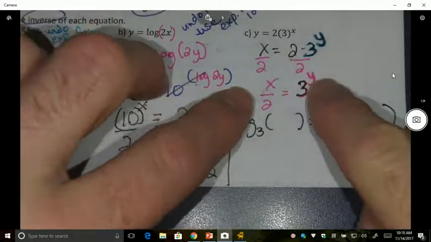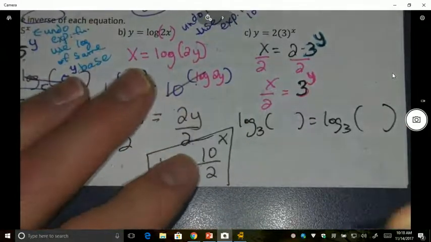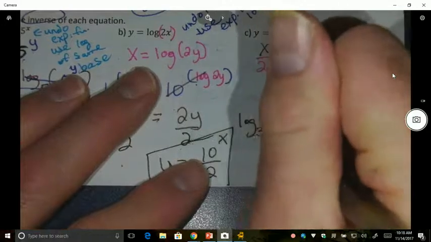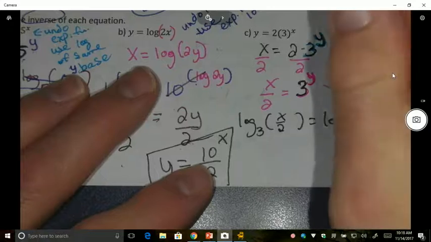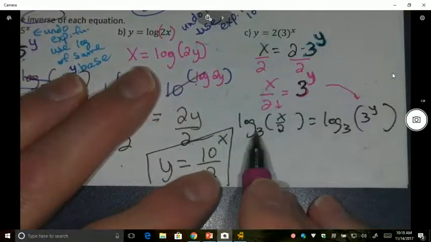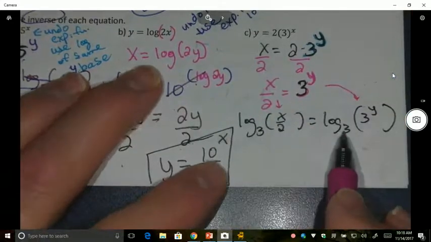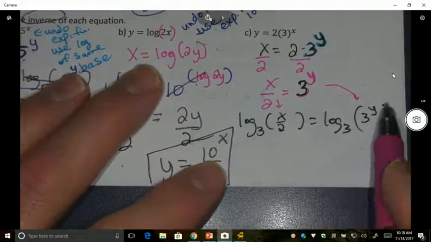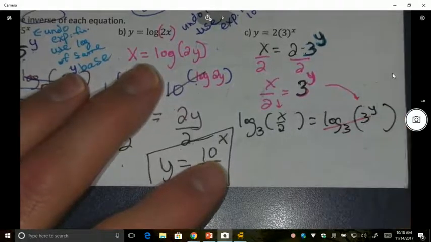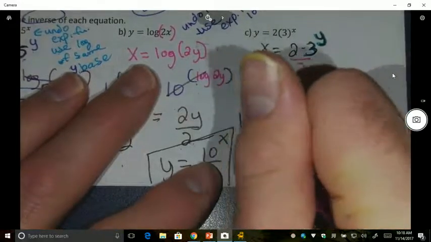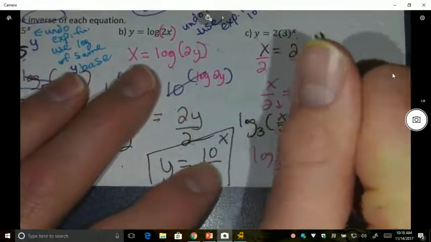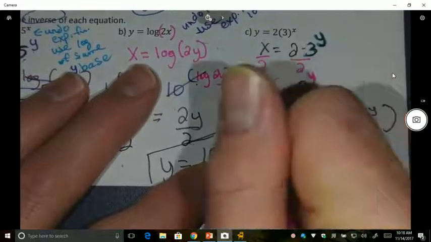So I'm basically taking my equation and I'm taking the log of both sides. So those are going right inside those logarithms. So this is what I have on the left-hand side. On the right-hand side, log base 3 of 3 to the y, the exponential and logarithm undo each other. That's why we chose that. So y equals log base 3 of x over 2. There's our function.